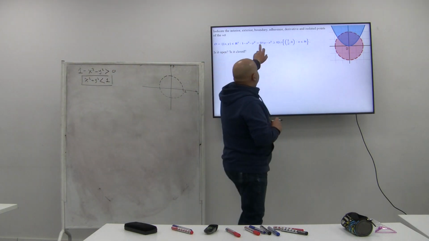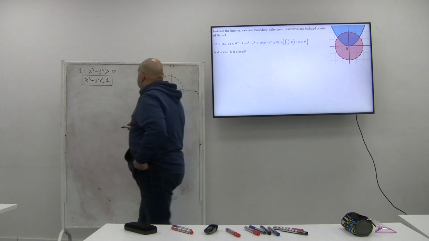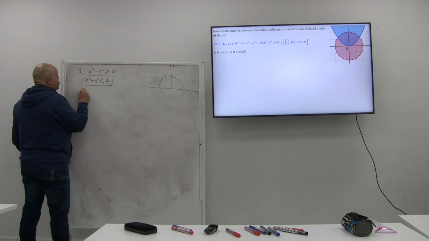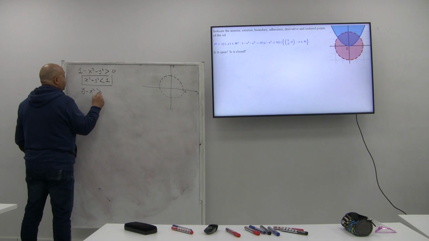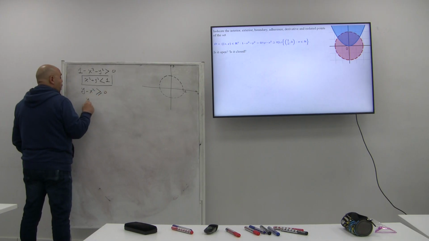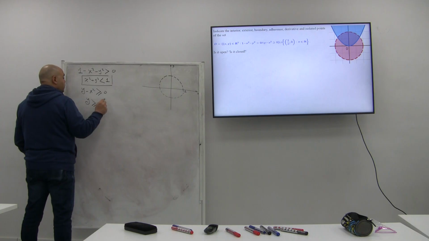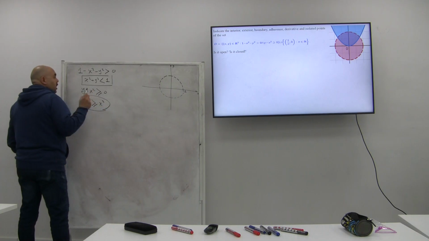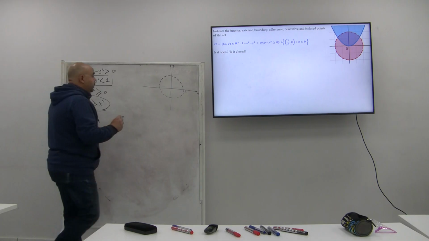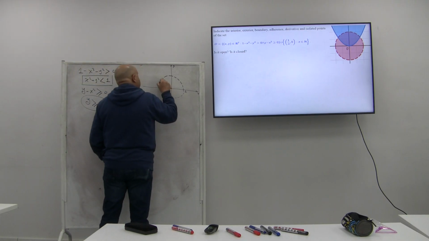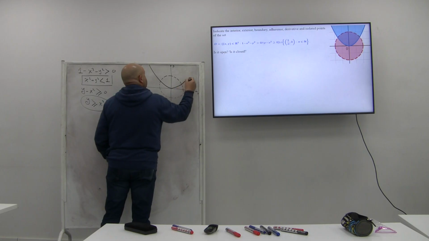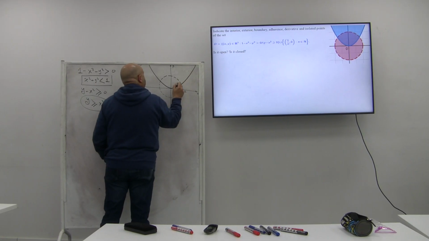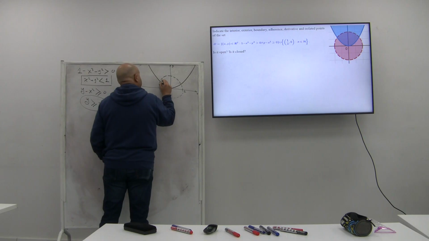And y minus x squared greater than or equal to 0, which means y greater than or equal to x squared, which represents a quadratic function, a second degree parabola, starting from 0 and going up like this. So the region that we are talking about is this region. This is the region that we are interested in.